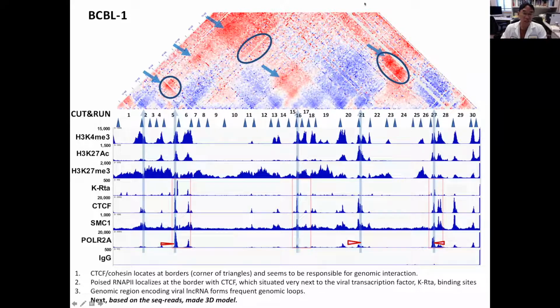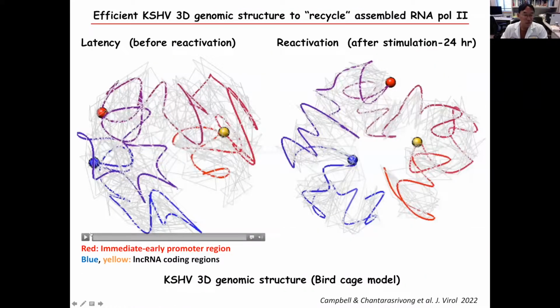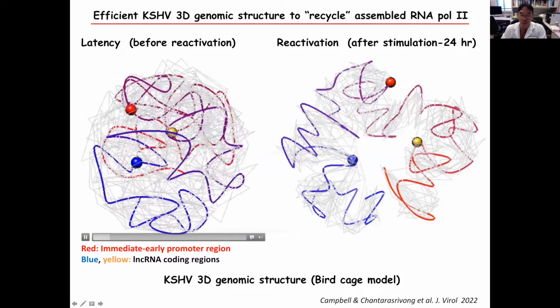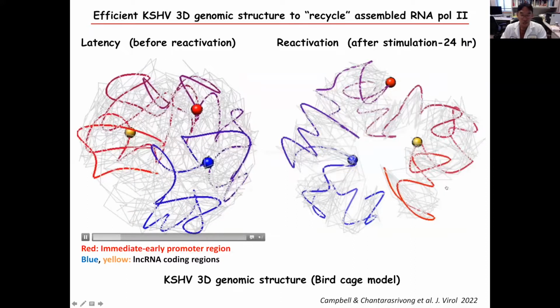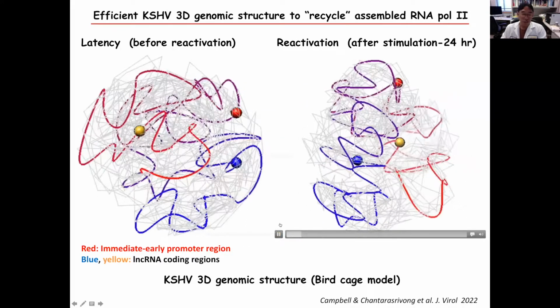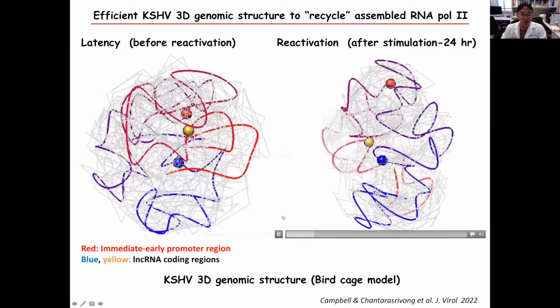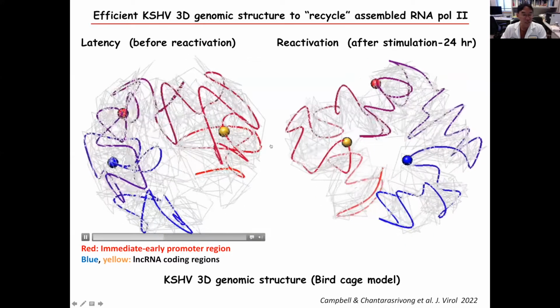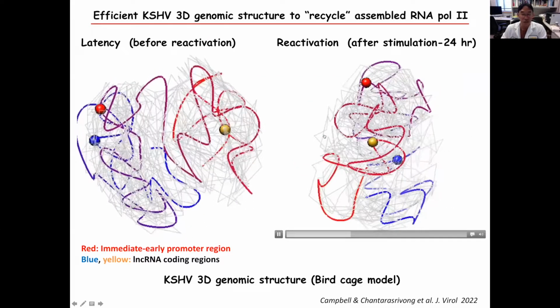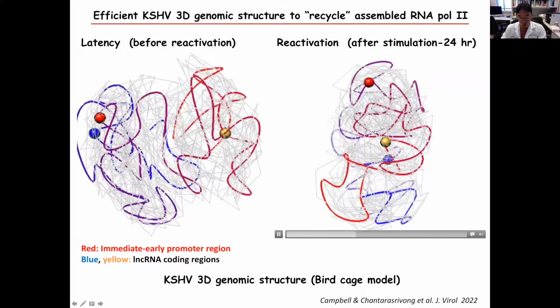So next, based on this frequency of genomic grouping, we generated 3D genomic models. Here is showing how the KSHV genome looks during latency in the 3D modeling. And here is showing the KSHV genomic structure after induction. As you can see, these are really a sphere shape, but once KSHV gene expression is induced, it becomes more like a donut.